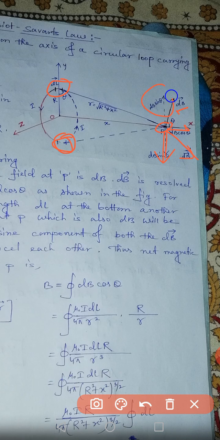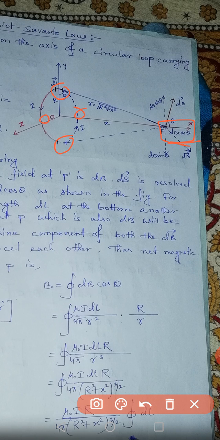So this sin theta and this sin theta are opposite and equal, so they must cancel each other. If they cancel each other, which component will be in existence? Only dB cos theta. For this part also dB cos theta, this part also dB cos theta. For other parts also we have only one component in existence, that is dB cos theta.